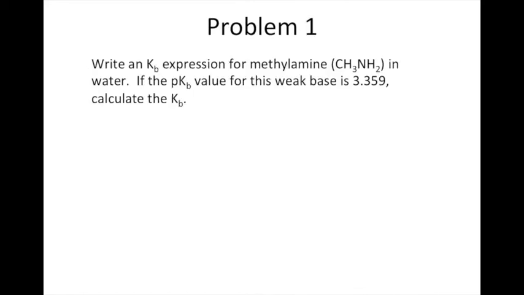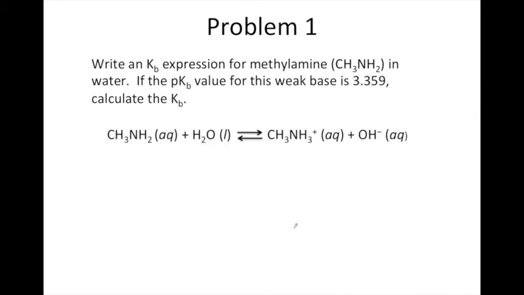So let's take a look at a problem. Read over this problem, pause the video, and see if you can solve for the Kb value for this weak base. Okay. First, we're asked to write a Kb expression. So let's write our equation showing methylamine in water.